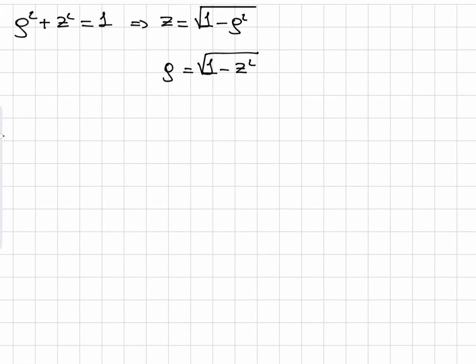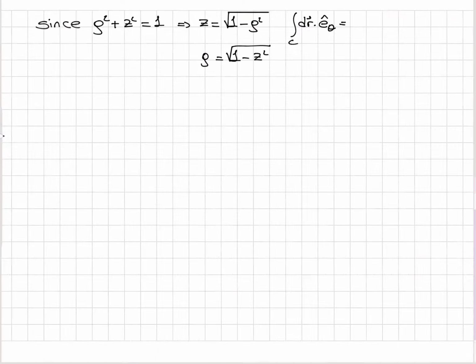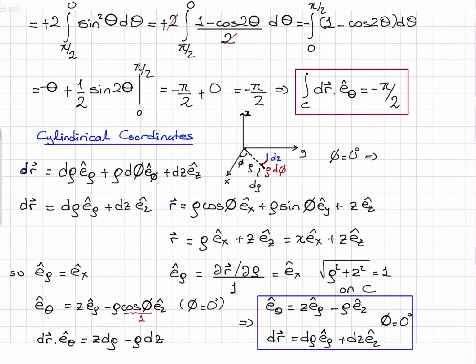All right. So with that, my contour integral dr dot e theta hat becomes, let's take a look. dr dot e theta hat is z dρ, but z is square root of 1 minus ρ².